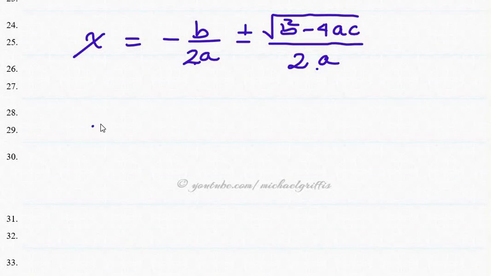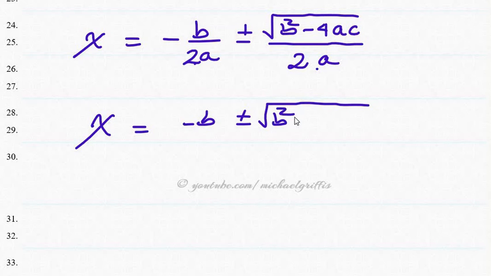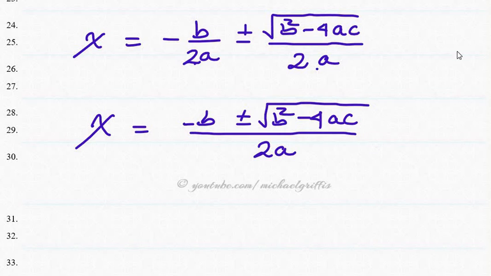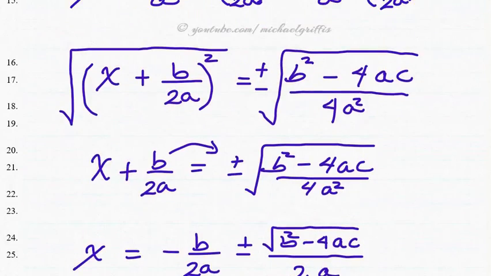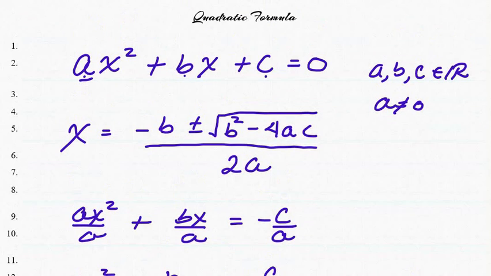This can actually be written as x is equal to negative b plus or minus the square root of b squared minus 4ac, and the whole thing is over 2a. So that's how we derived the quadratic formula. We just simply completed the square of the quadratic equation.